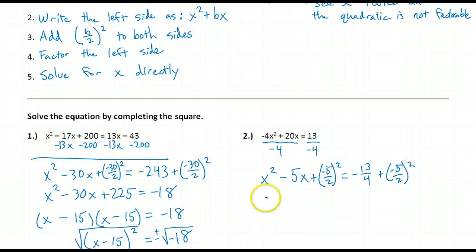So I have x squared minus 5x plus negative 5 divided by 2 squared. Well, I can take this squared and distribute it over this division sign. So I have negative 5 squared divided by 2 squared. Negative 5 squared is 25. 2 squared is 4.